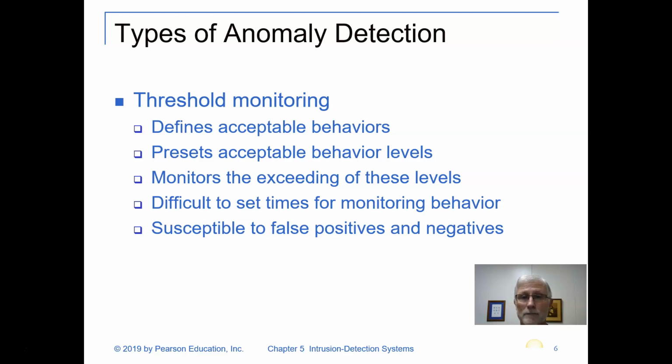And when we say behaviors, it's what activities you are doing on the internet or the network that are acceptable. Then we set some preset values before I flag any activities that may be beyond this acceptable behavior, and then I monitor for any activity that exceeds those levels.